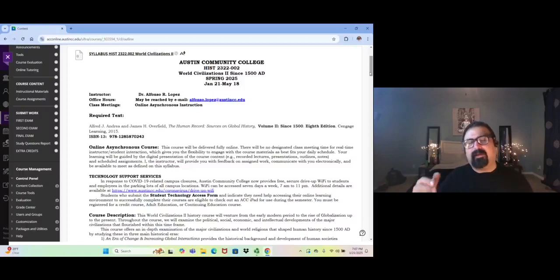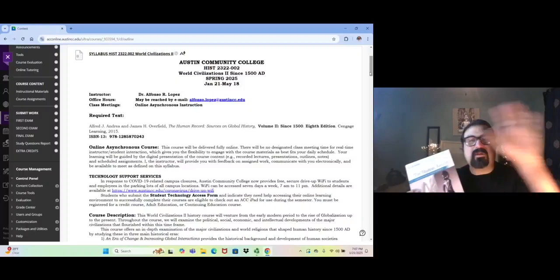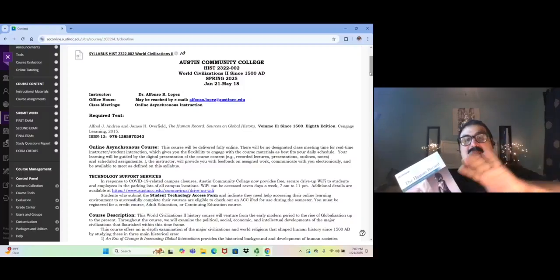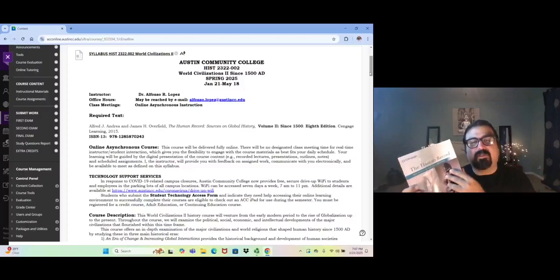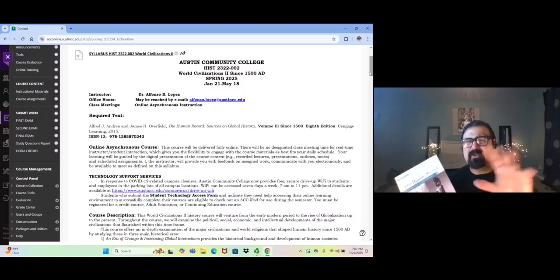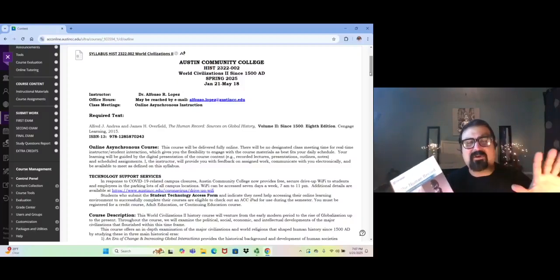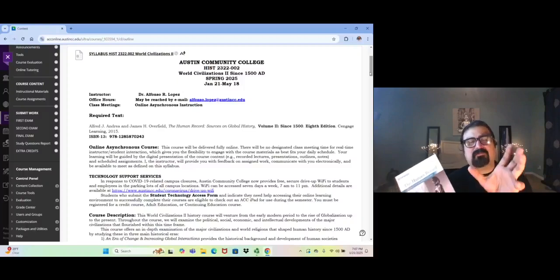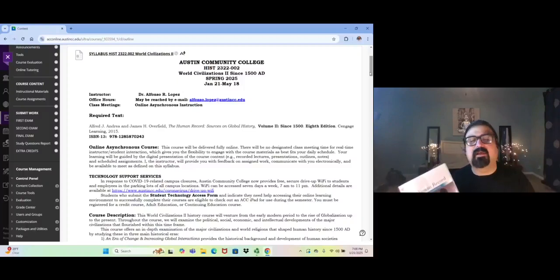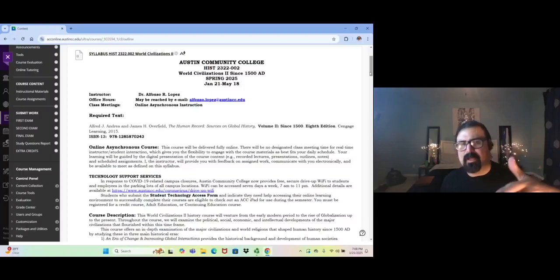What I've done, and I will explain more once we get into that section, is that I've selected a series of primary sources from this textbook, and those are actually excerpts. You're not going to get the entire document, but rather just critical pieces of it for you to read, and you're supposed to read those excerpts and answer a series of questions that I have presented for you.